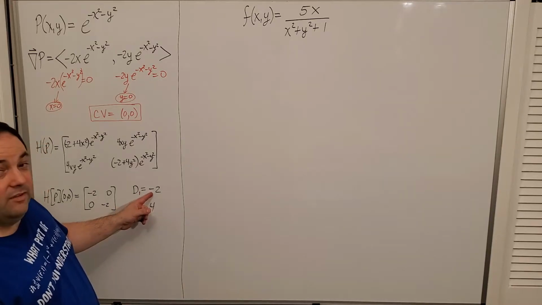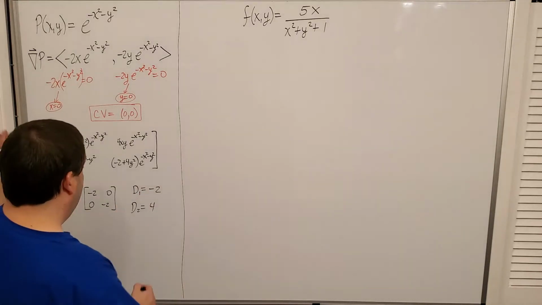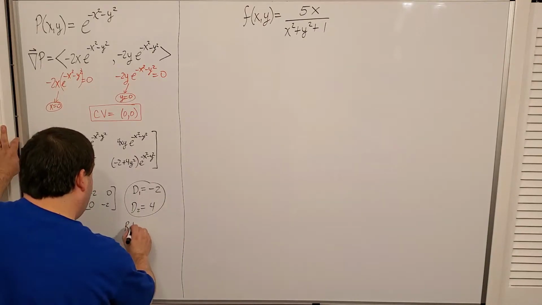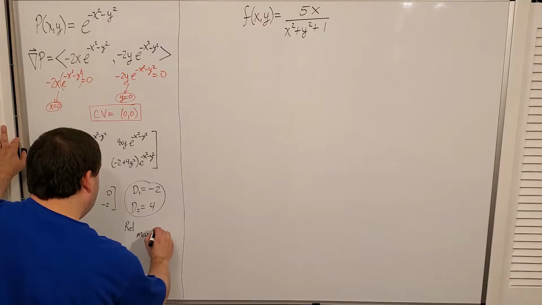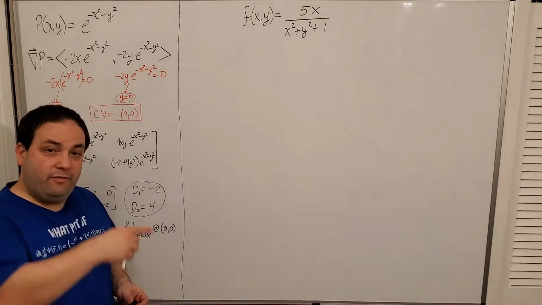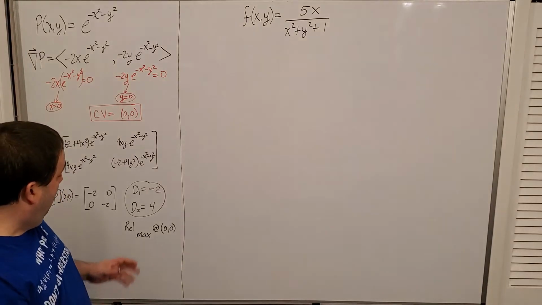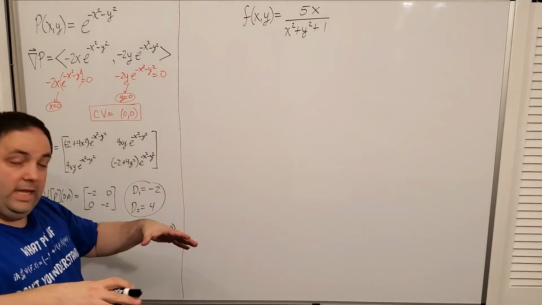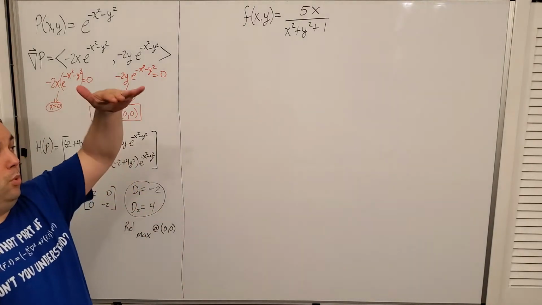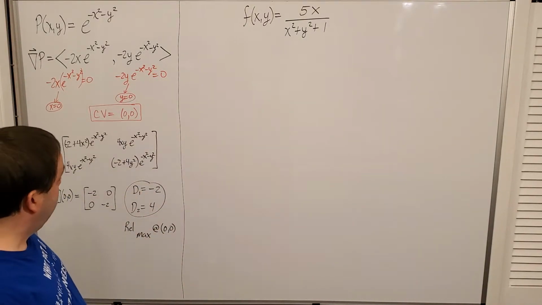D1 being negative means it had to be a maximum. So with these two pieces right here, I can say that I have a relative max at 0, 0. And if you remember the graph, and I'll show you again after this scene, you remember that it's just that hill, kind of like a probability function, and it is indeed a maximum point at the top of the hill there. Okay?